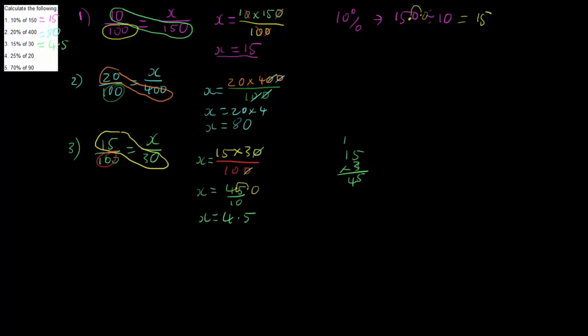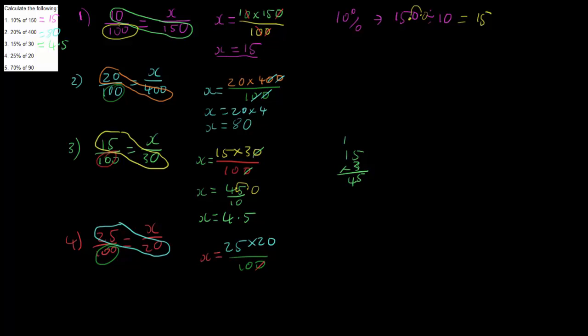Working on to our next one, I have number 4, where I'm trying to work out 25%, which is 25 over 100, of 20. So I write that as x over 20. Using this process again, I'll multiply my two diagonals, so I end up with 25 times 20, and divide by whatever's left, so divide by 100, and that is going to give me my value for x.